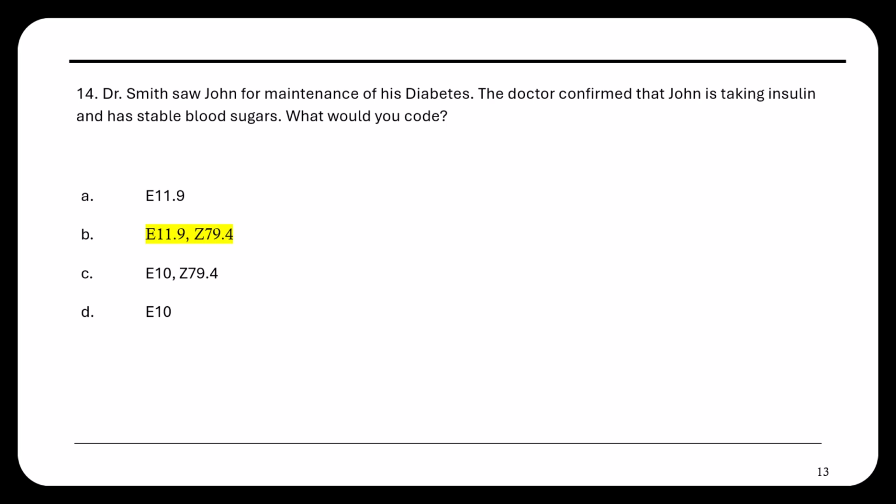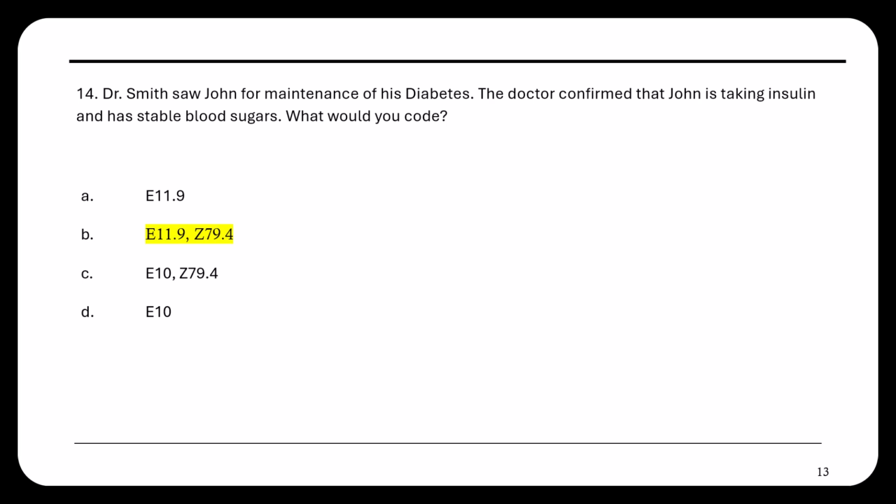When somebody is diabetic, yes, you have to reference the diabetes codes. But if they're taking a hypoglycemic drug or insulin for a long period of time, you would still have to reference that too. The only difference is, let's say somebody came in, they normally take hypoglycemic drugs, but their blood sugars are way out of whack.